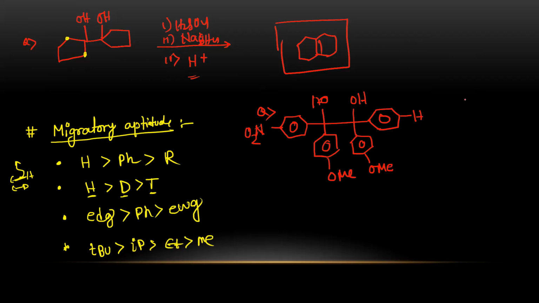Now, if H plus is given, the first confusion will be which OH is going to take the proton. The answer is that protonation will occur from where the substrate will form the more stable carbocation. Which center, center 1 or center 2?